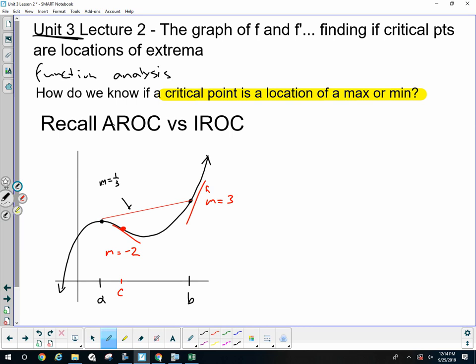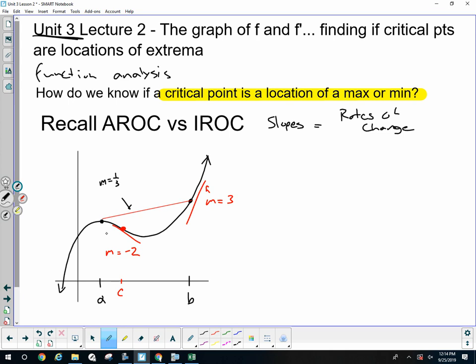Let's recall average rate of change, instantaneous rate of change, how slopes equal rates of change. And recall the translation of these slopes. Between A and B, I see the average rate of change is 1/3.